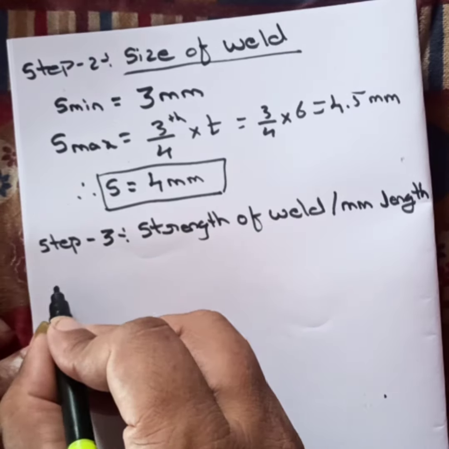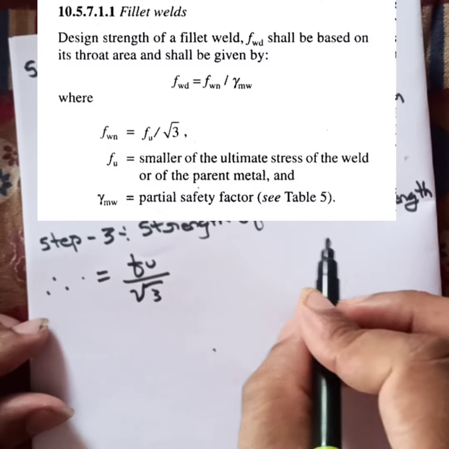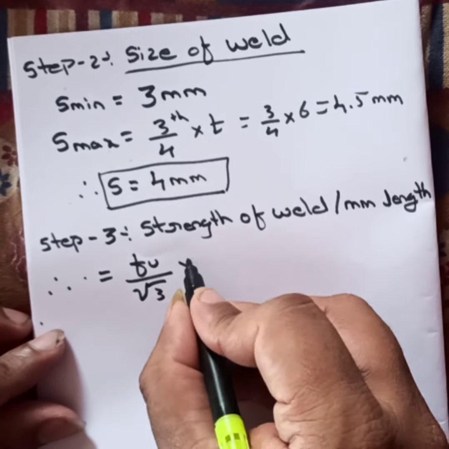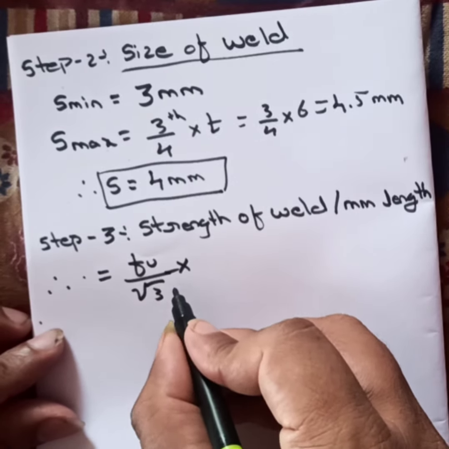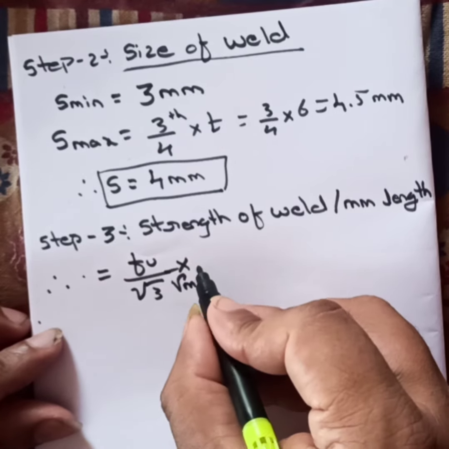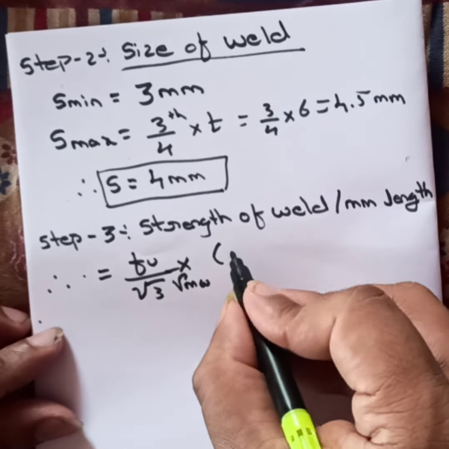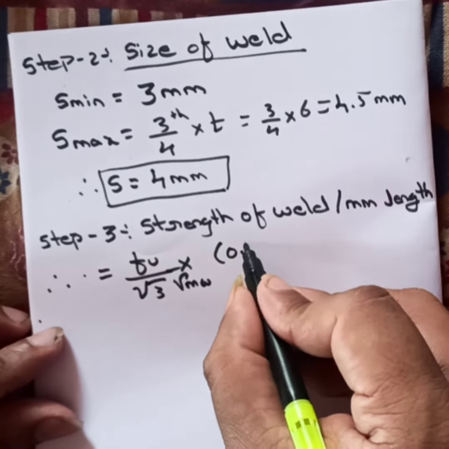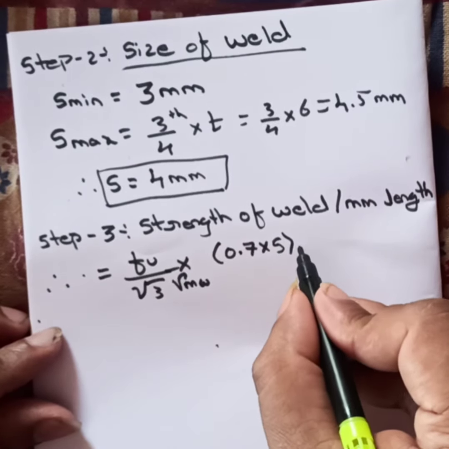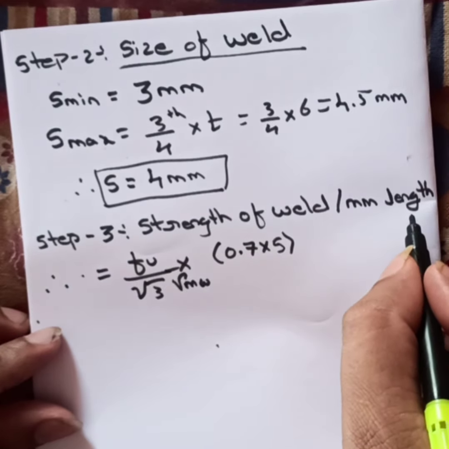Now, therefore, the strength of the weld formula we know is Fu by root 3, divided by gamma mw, into Te, that is the throat thickness, which is nothing but 0.7 into S. I am not multiplying LW here because I need the strength of the weld per 1 mm length.